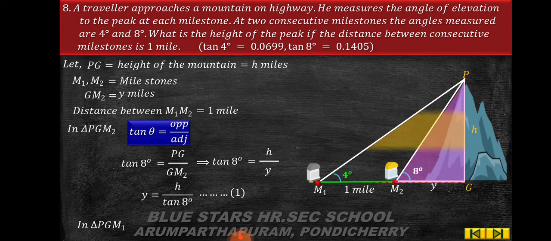So next we are taking the triangle PGM1. So tan theta is equal to opposite by adjacent.